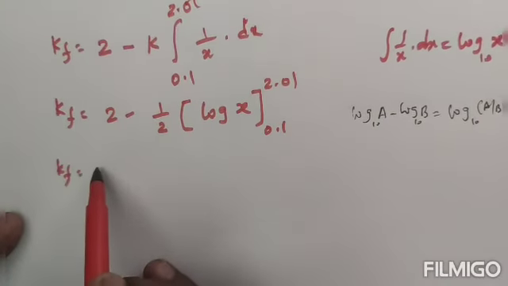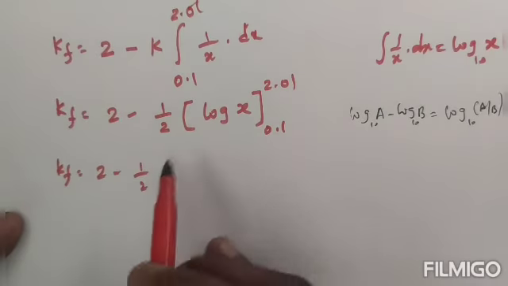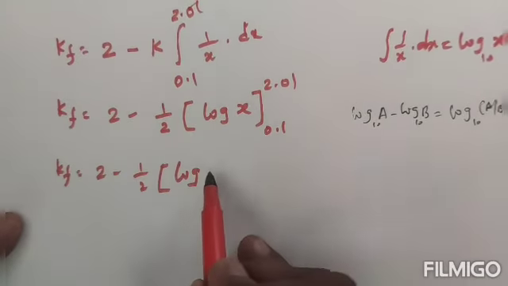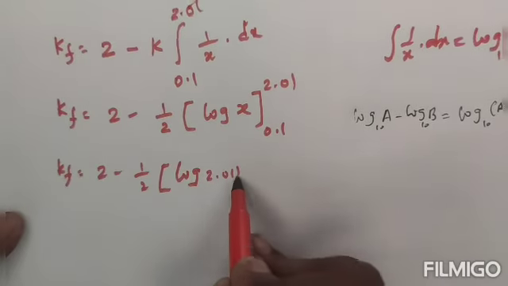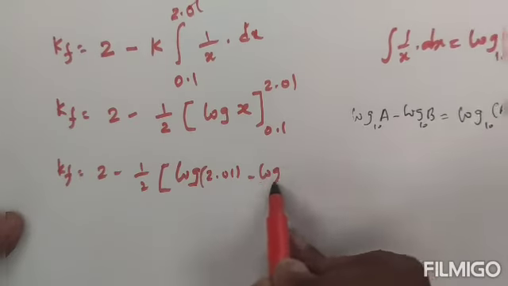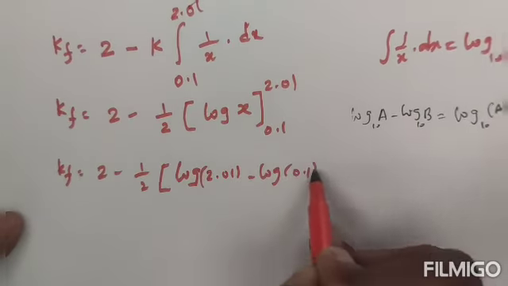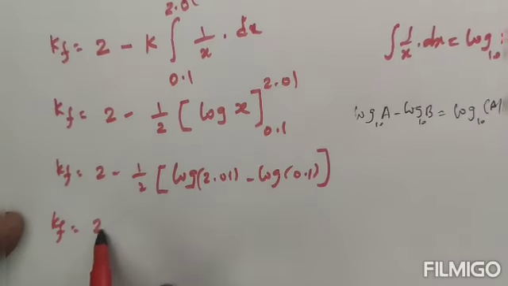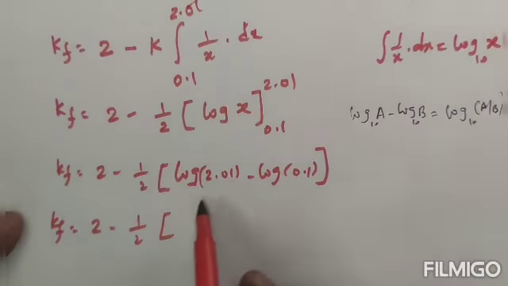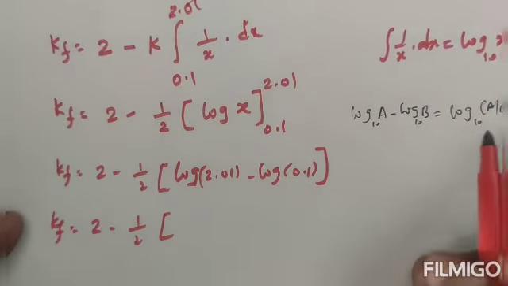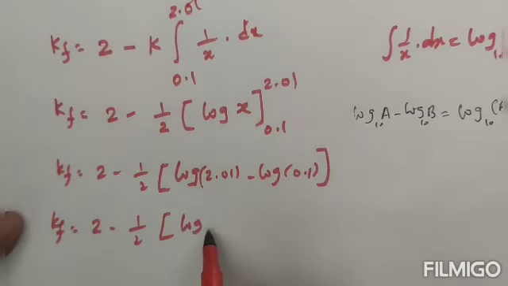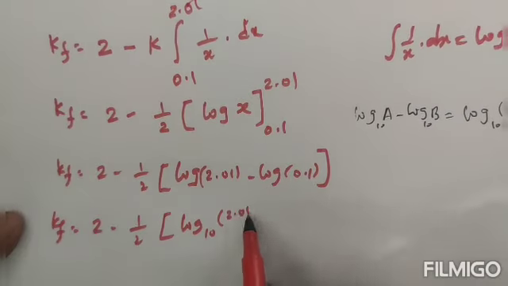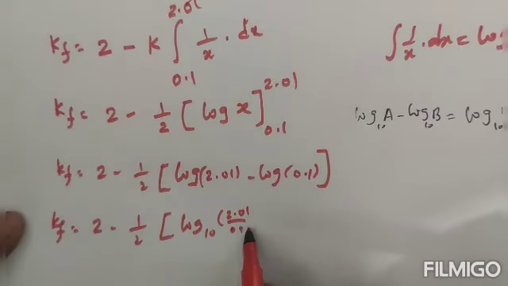So Kf is equal to 2 minus 1 by 2, we can write log of 2.01 minus log of 0.1. Log A minus log B we can write as log of A by B. So log of base 10, A by B, that is 2.01 divided by 0.1.